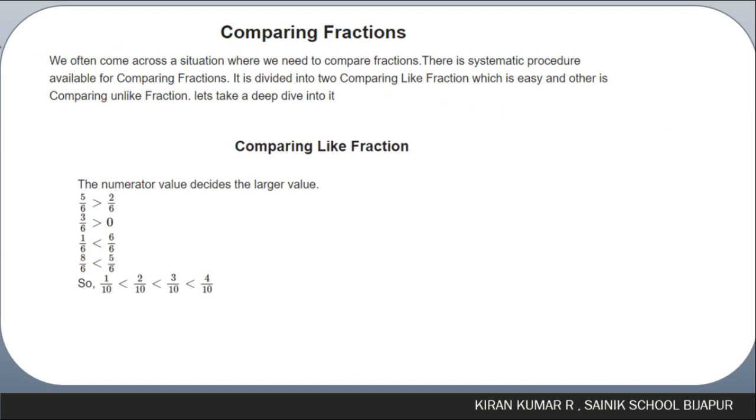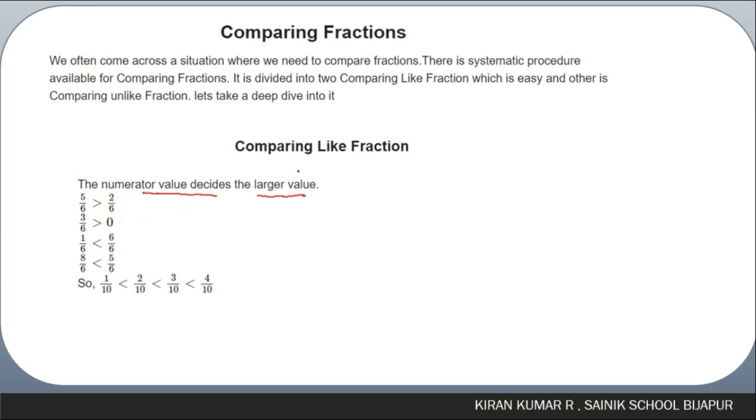Look at the numerator values. The numerator values only will decide which fraction is larger. If I have 5 by 6 and 2 by 6, 5 by 6 is larger than 2 by 6 because 5 in the numerator is larger than 2 in the numerator. 3 by 6 is larger than 0.